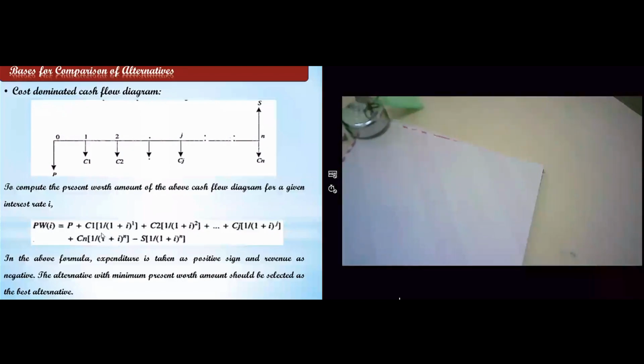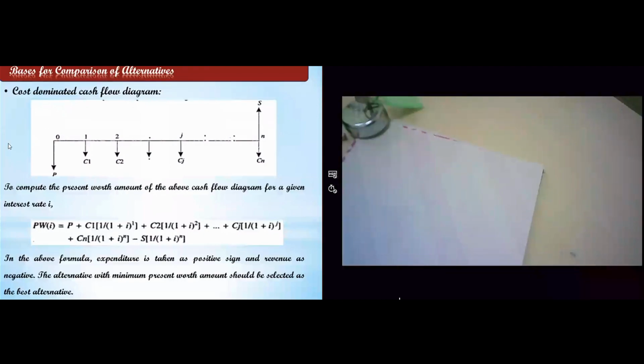Like that, for the second year they have given C2 into P by F, I comma 2, Cj into P by F, I comma 3 and so on. These are nothing but the formulas which we have used in time value of money under single payment present worth.